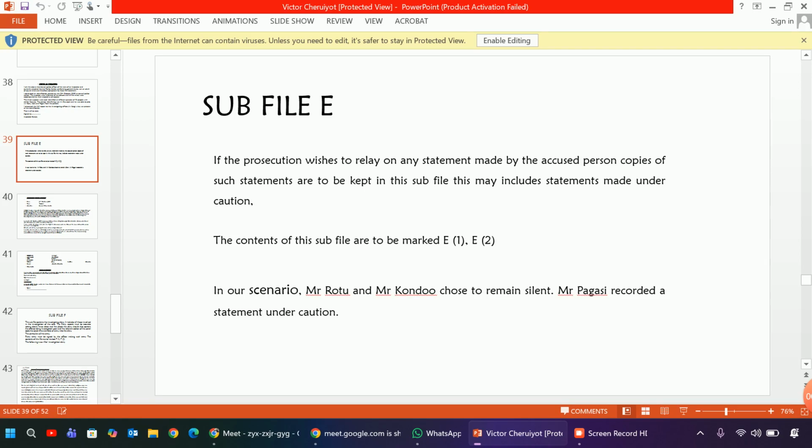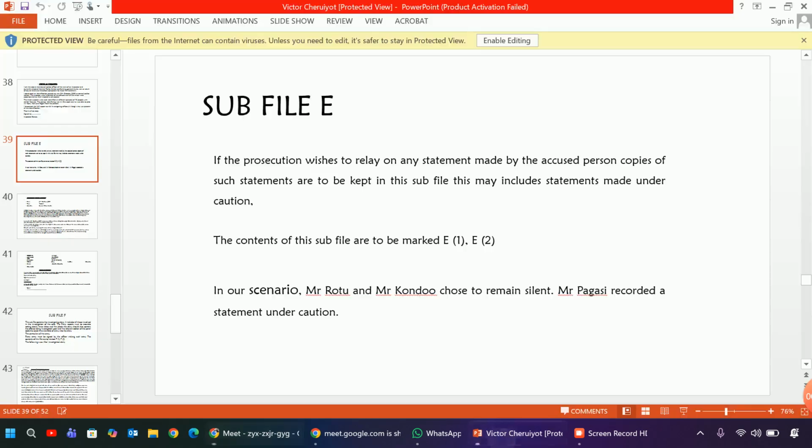The charge and cautionary statement is also recorded by the accused, with the assistance of a police officer of the rank of chief inspector and above. And usually, these statements are based on serious crimes like murder, homicide, robbery with violence. Hope you are getting me now.